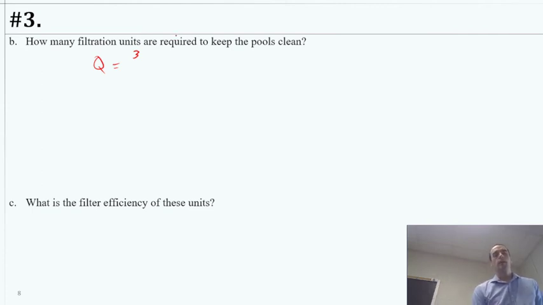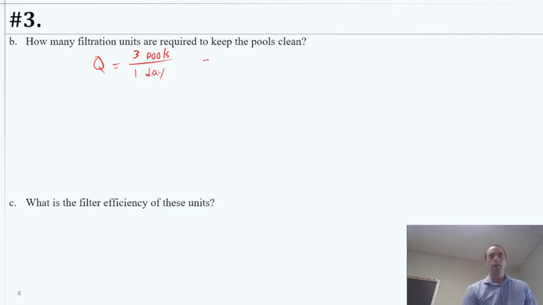So this is going to be 3 pools per 1 day, is the crude way to put it, right? So that's the flow rate of water that we need to meet through these filters.